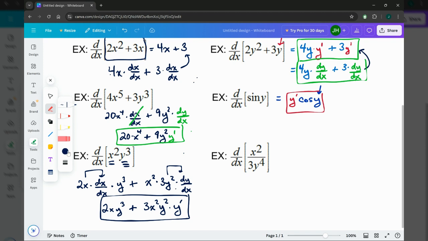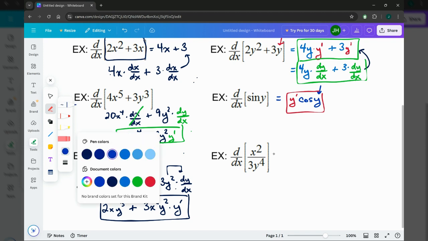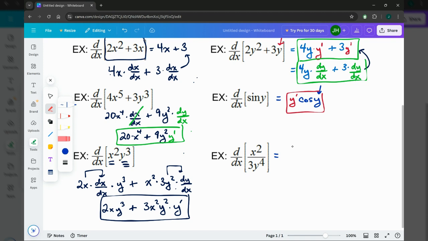One more problem here. This one involves a quotient rule. I'd have to take the derivative of the top, which is 2x. And what's the derivative of x with respect to x? It's just 1. I need to multiply that by the bottom, which is 3y to the 4th. Quotient rule is minus. The top is x squared, and the derivative of the bottom would be 12y to the 3rd. But what's the derivative of y with respect to x?